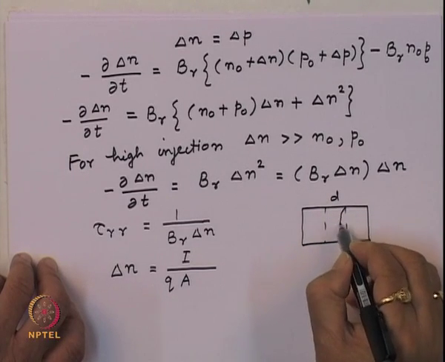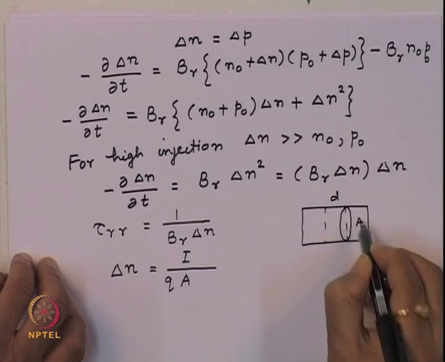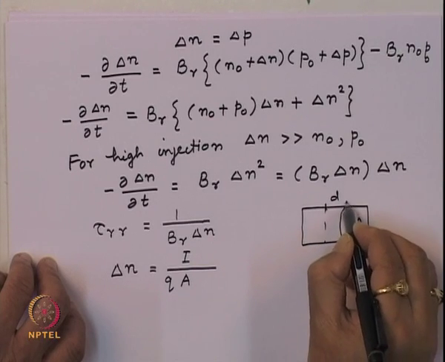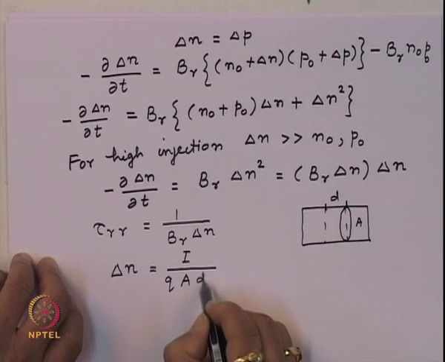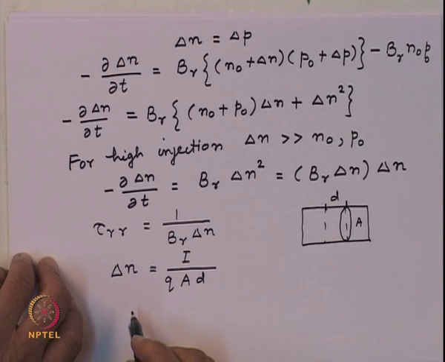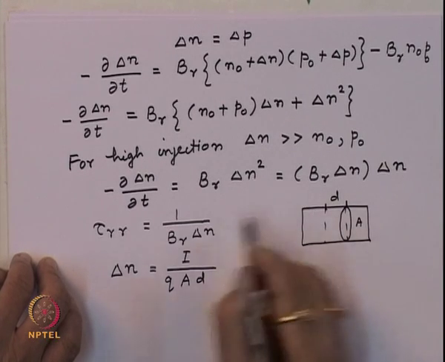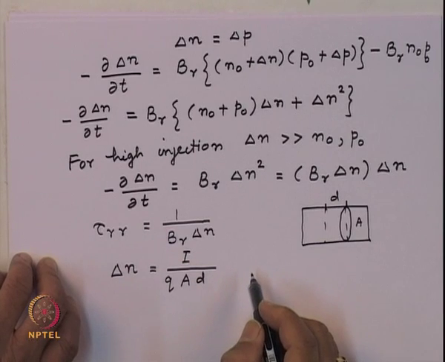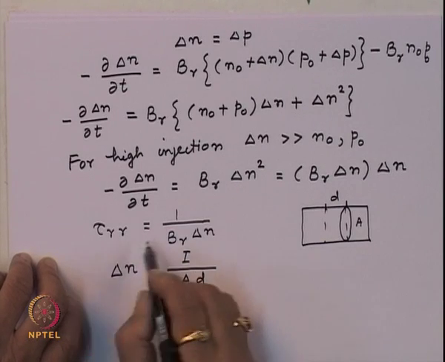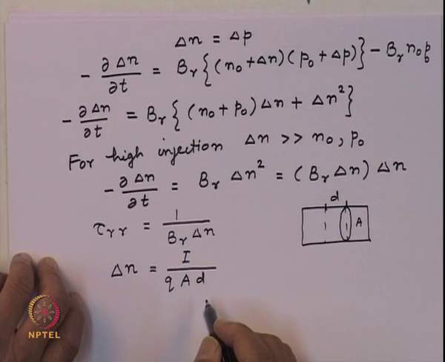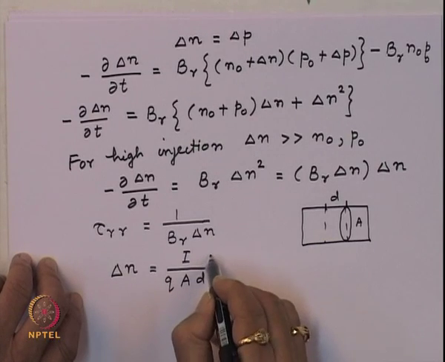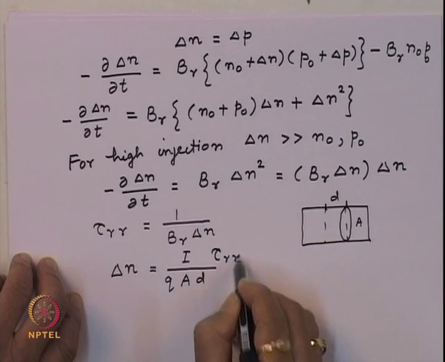So, you have an area of cross section here, that is A, the thickness of the active region is d, and the carriers are going to remain there for the lifetime, which is tau rr. So, this delta n will be given by this.